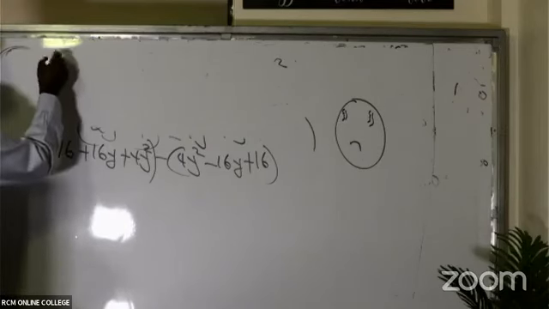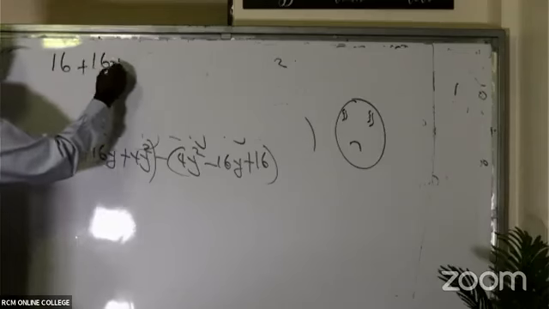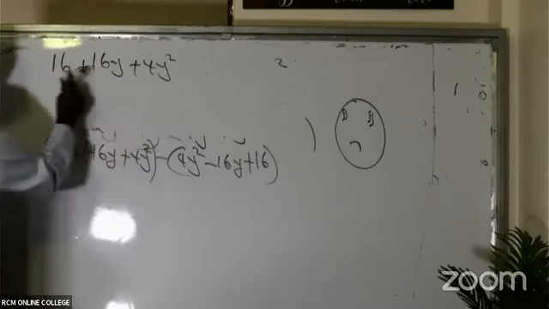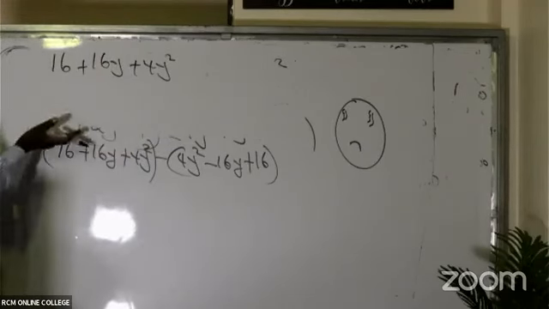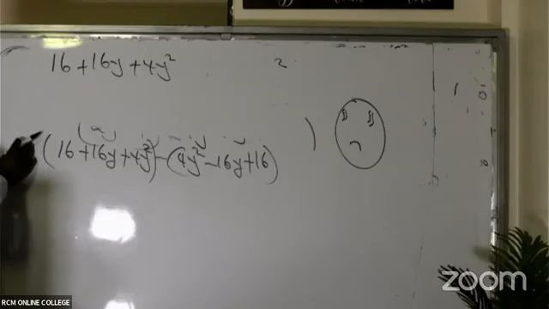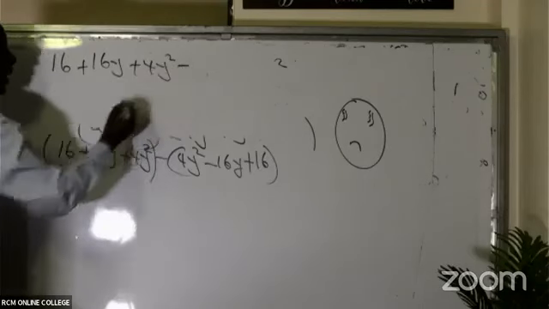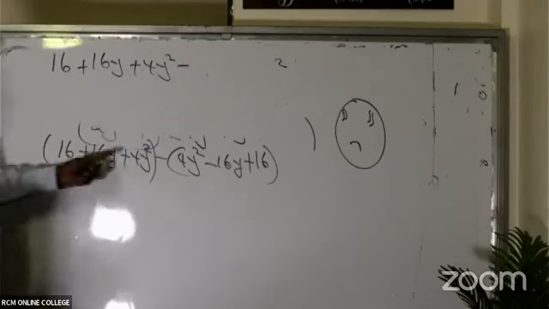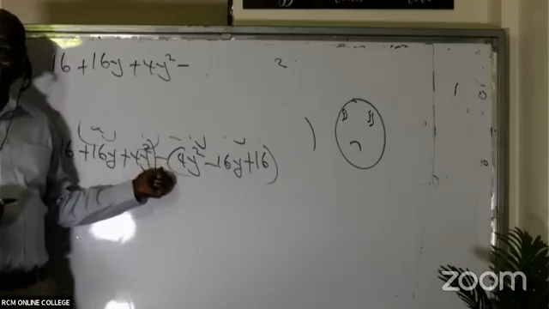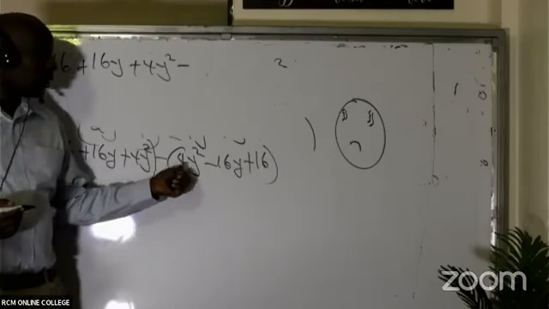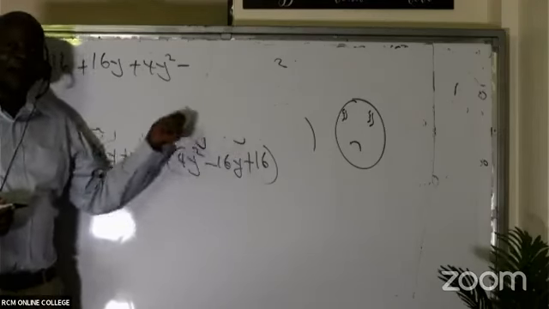Okay, so we have here 16 plus 16y plus 4y squared, because outside here we have an implied positive 1. But now when we come here, ladies and gentlemen, negative is a dangerous sign. Whenever it is outside the brackets, all the terms inside must change.